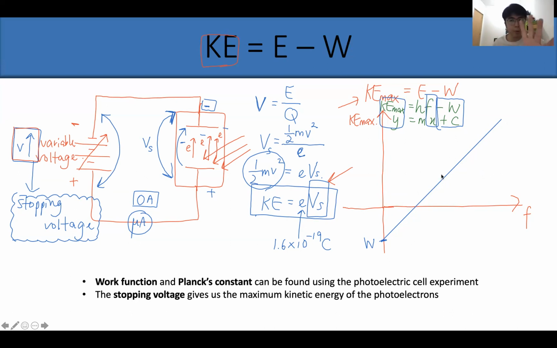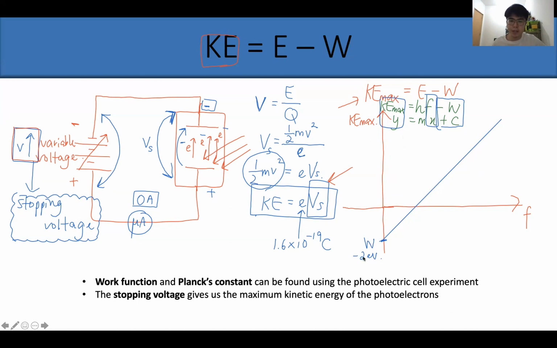Now, a few important points to take note of. Here the work function is a negative value, right? Let's say it's minus 2 electron volts.